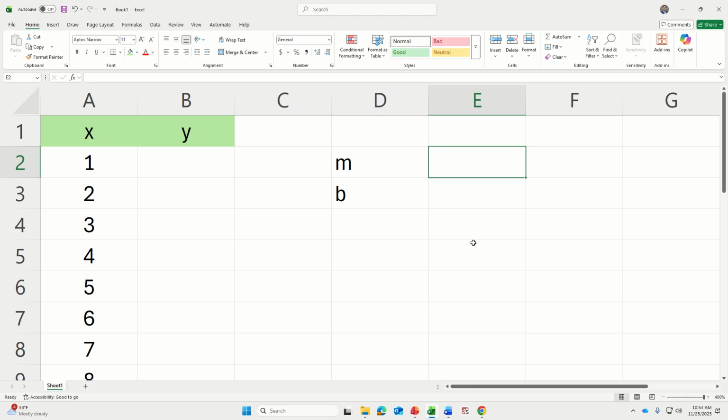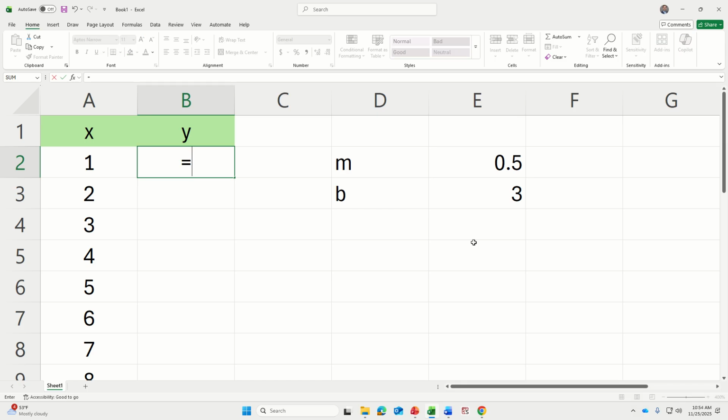Let's say my slope is 1/2. Let's say my y-intercept is 3. So I'm going to calculate some y value according to the slope times my x value plus my y-intercept.